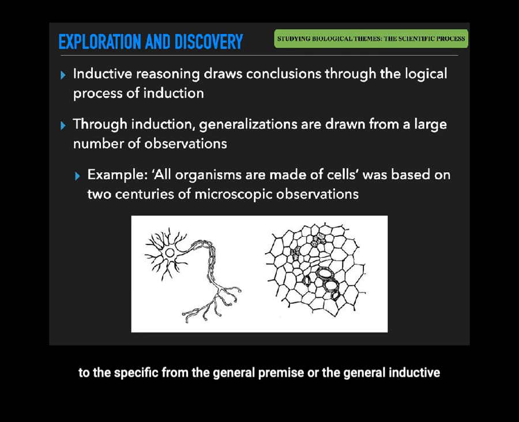From the general premise, or the general inductive reasoning conclusion, we can extrapolate a specific result we could expect if the general premise was true. Deduction usually takes the form of predictions, the prediction of an outcome of an experiment. An experiment is conducted to test the hypothesis, and the results are compared to the prediction.